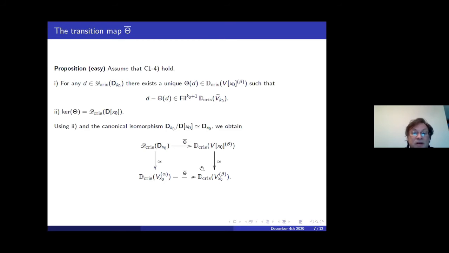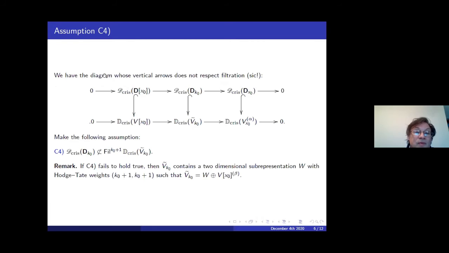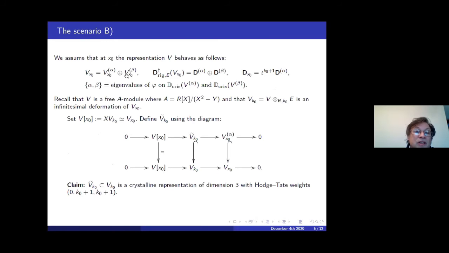So this gives some connection between two eigenspaces, two direct summands in the decomposition of V at x0.